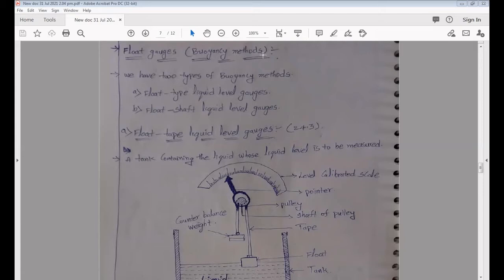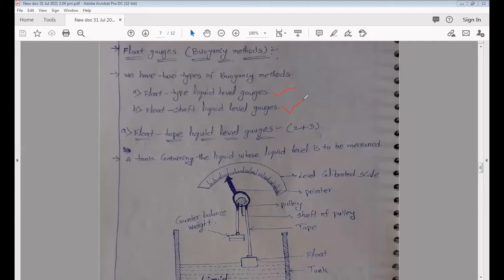In this method there are two types of buoyancy methods. The first one is the flat type liquid level gauge, and the second one is the flat shaft liquid level gauge. The buoyancy method is useful to measure the liquid level of an open tank or a closed tank.